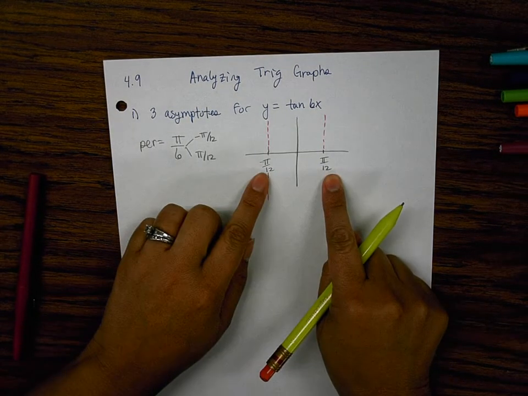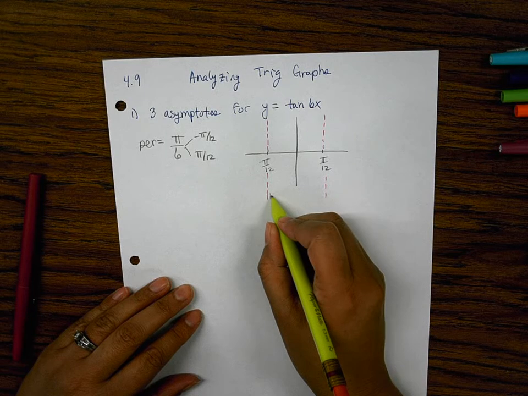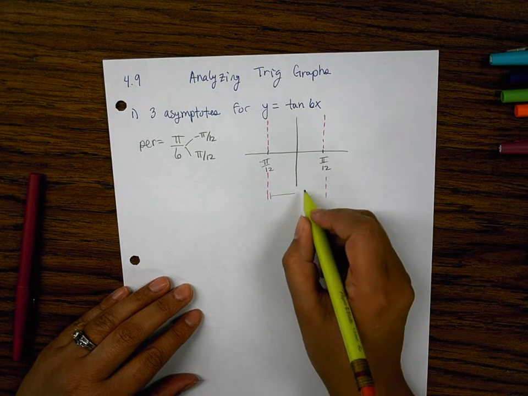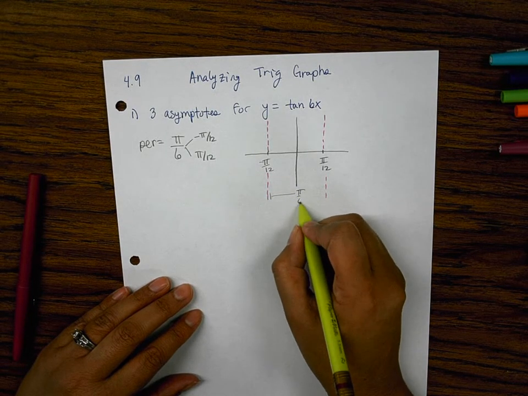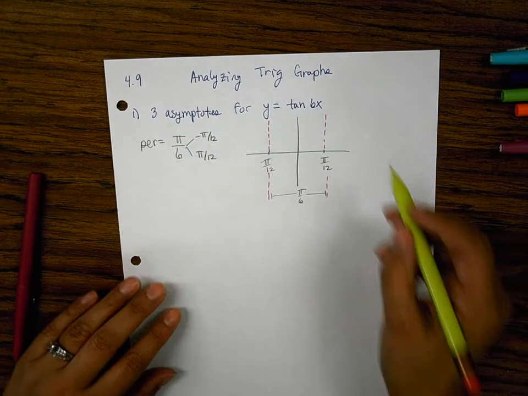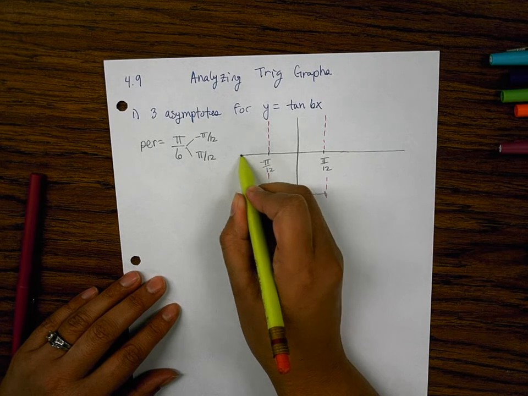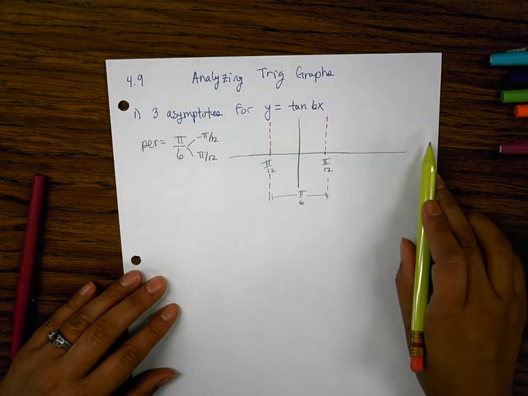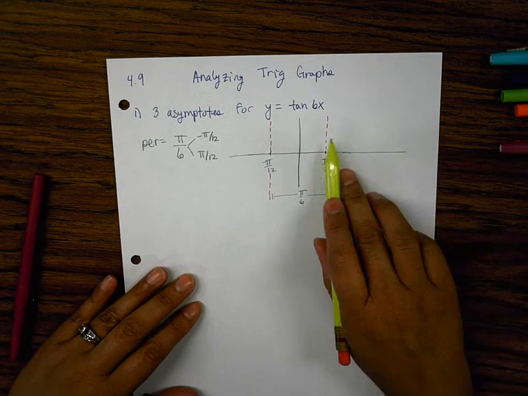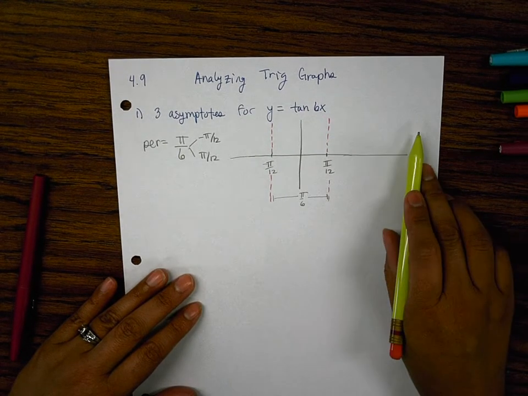If you do right minus the left, you end up with 2 pi over 12, which is pi over 6, which makes sense because that is the period length. I did talk to you guys about this in notes: there are asymptotes in both directions, going to the right and going to the left. It doesn't matter which way you go.